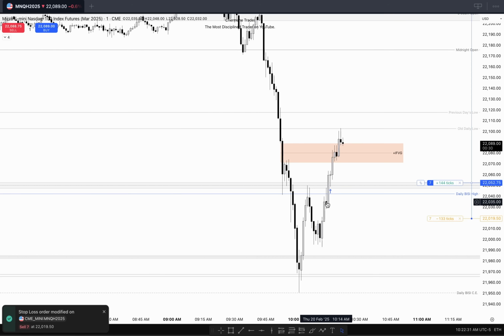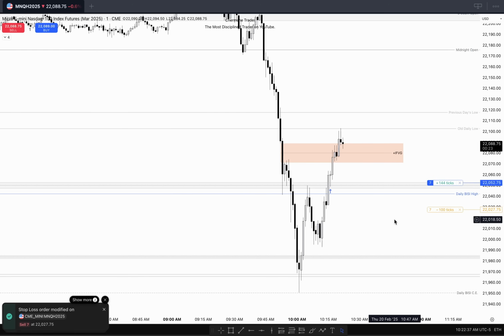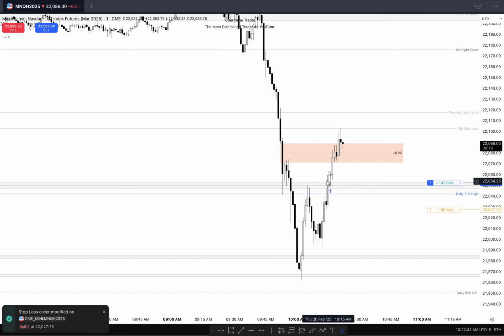This candlestick's low, 28.50. Moving my stop underneath this candlestick's low. It's underneath the down close candle, underneath the fair value gap, and underneath that new day opening gap.